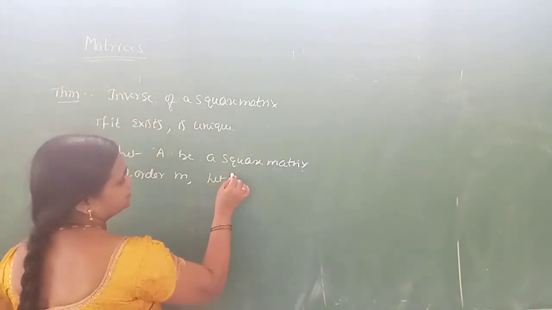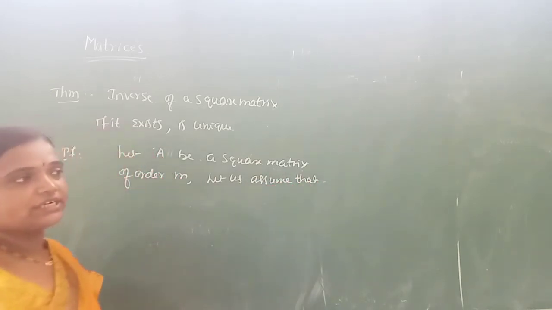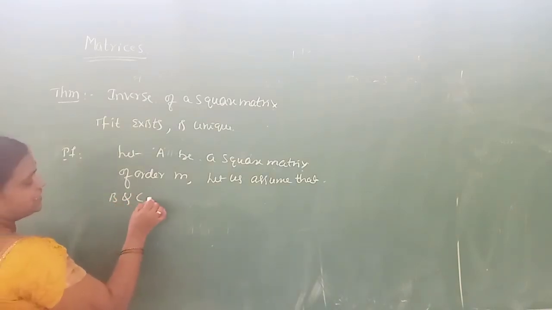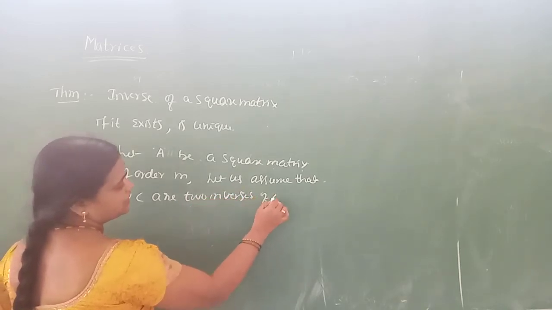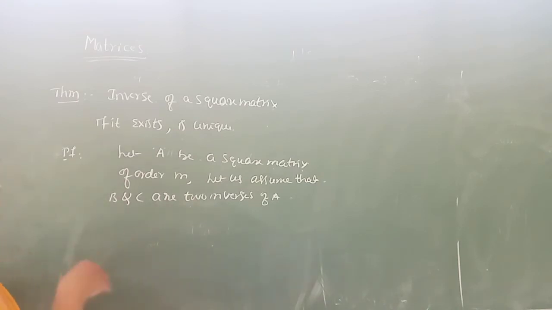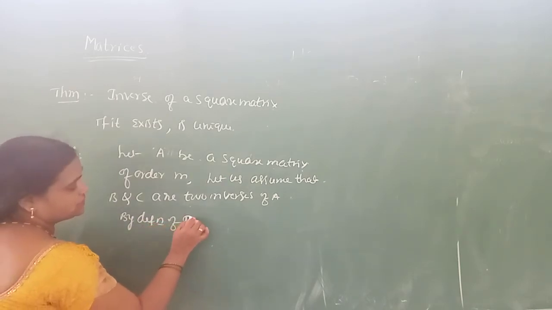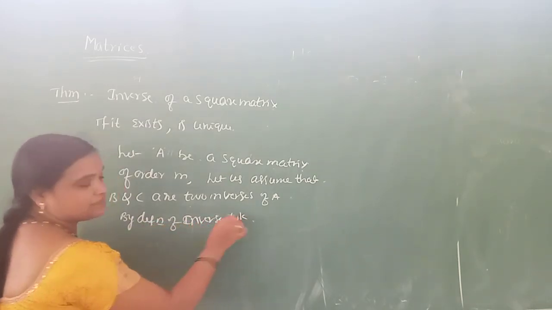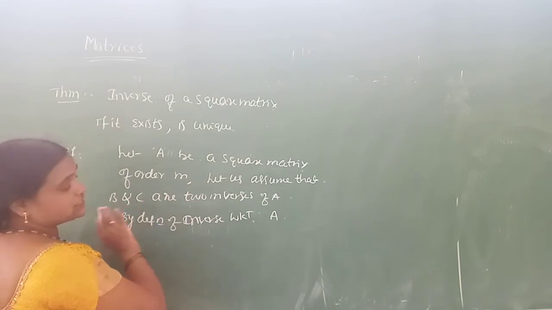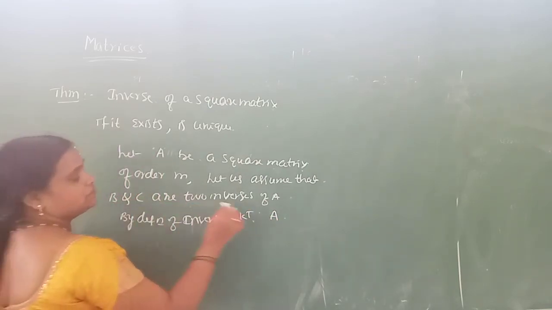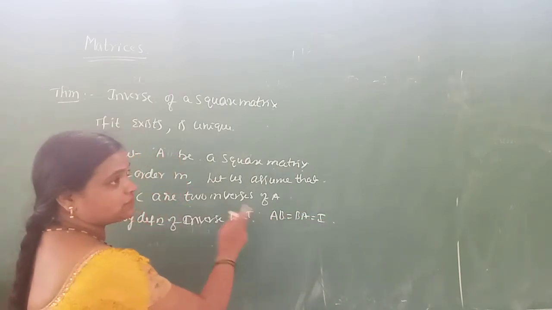Let us assume that B and C are two inverses of A. By the definition of inverse, we know that AB equal to BA equal to I, if B is the inverse of A, correct?